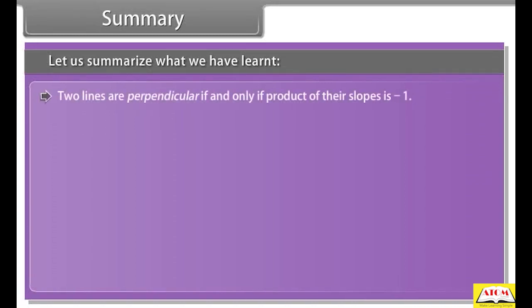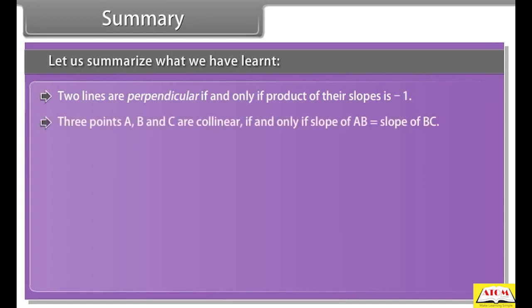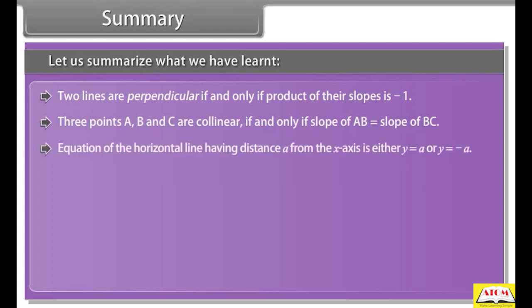Two lines are perpendicular if and only if the product of their slopes is minus 1. 3 points A, B and C are collinear if and only if the slope of AB is equal to the slope of BC.